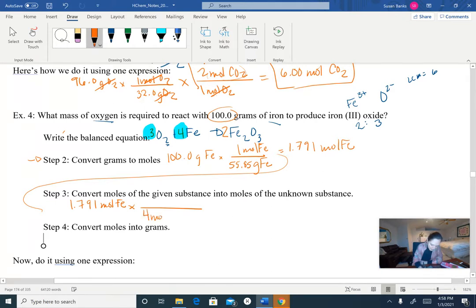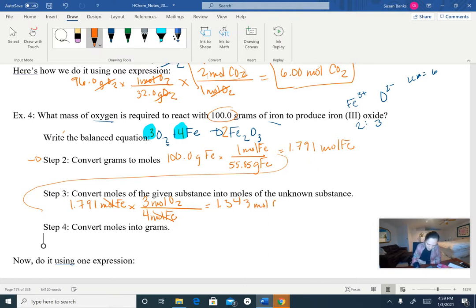Okay, so my moles of iron cancel and I now have moles of oxygen. So if I multiply my 1.791 by 3 and then divide it by 4, I get, with 4 sig figs, 1.343 moles of oxygen.